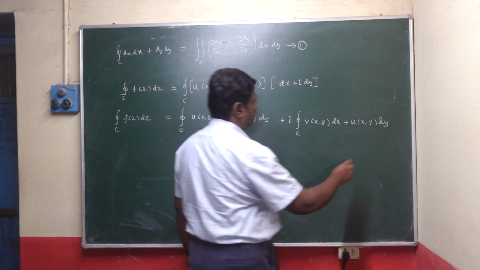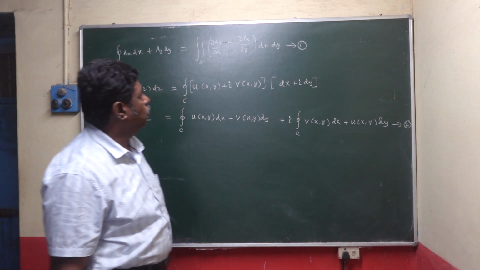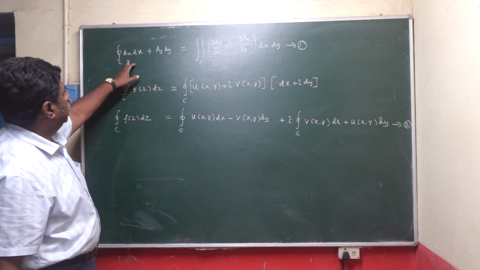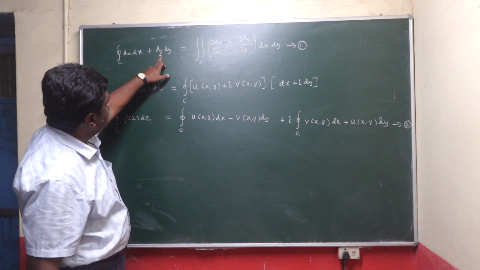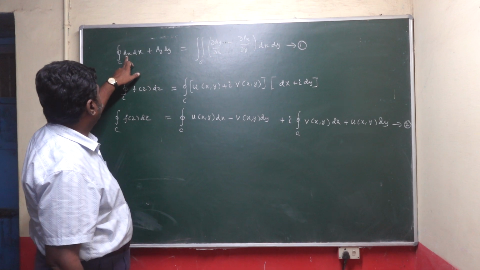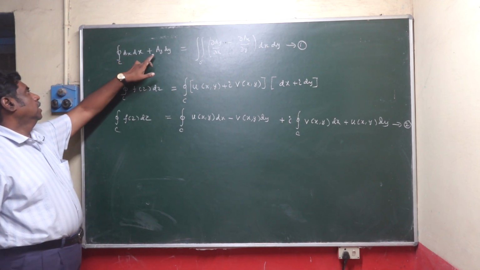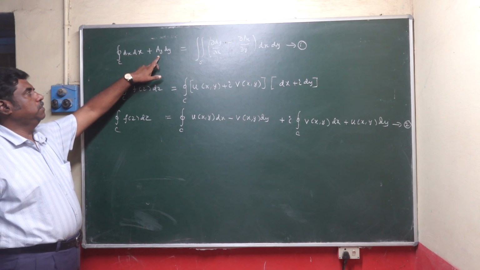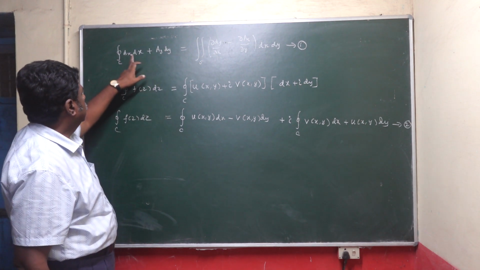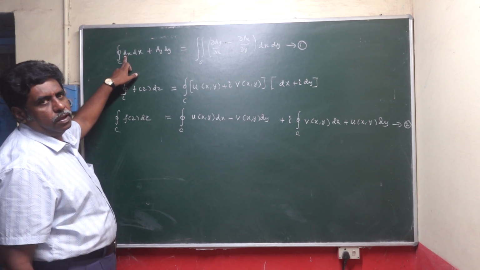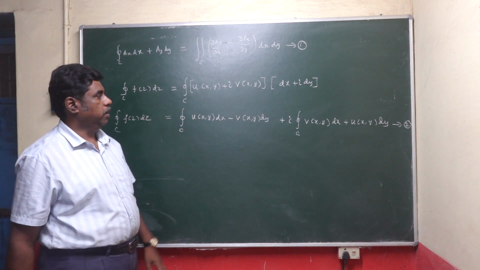Now compare this equation 2 with our equation 1. Ax dx plus Ay dy equal to dou Ay by dou x minus dou Ax by dou y. That means the second term is differentiated with respect to x minus differentiation of the first term with respect to y.